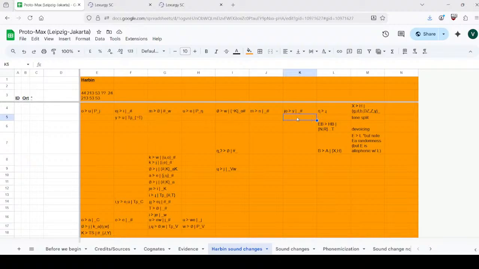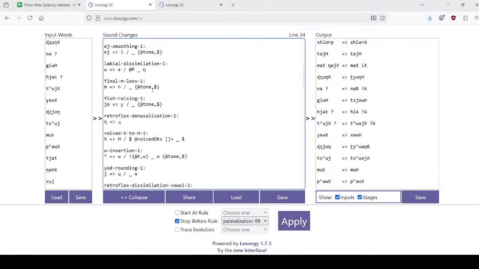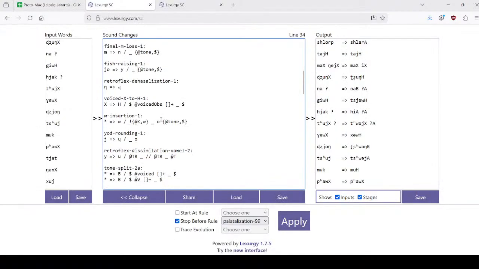So yeah, two, yeah, has to happen here. After all or before all has to happen there, which means you have to be two actually. And then yes, retroflex dissimilation vowel is fine.